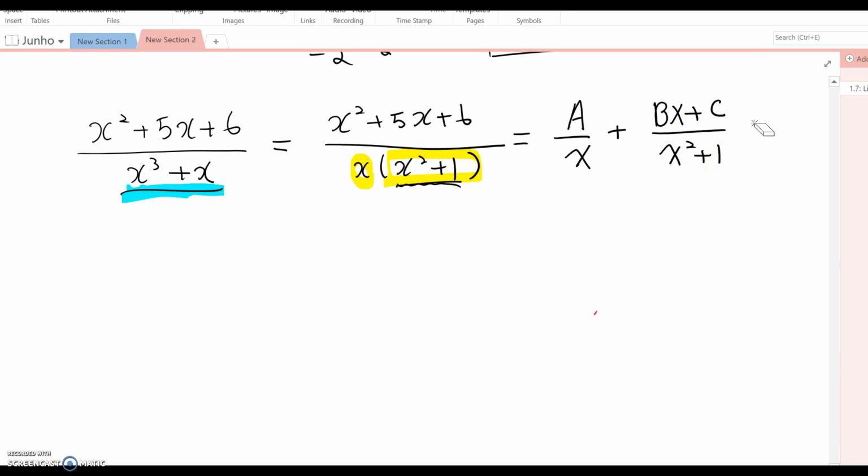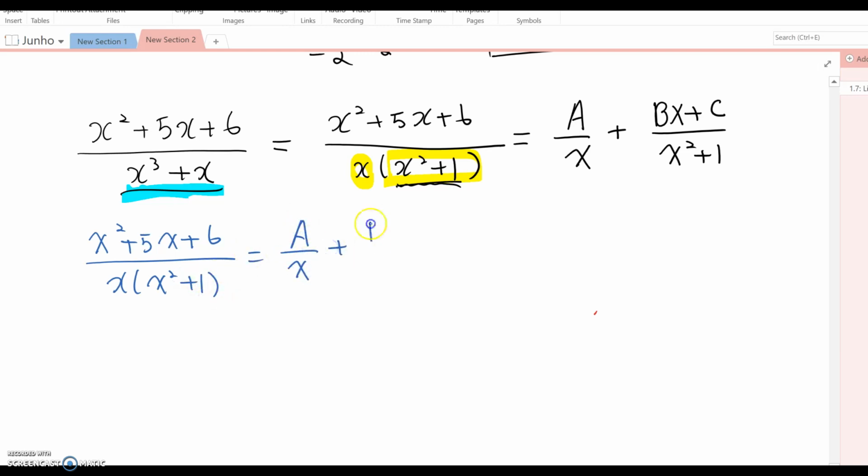Now I want to set up x squared plus 5x plus 6 over x times (x squared plus 1) equal to A over x plus (Bx plus C) over (x squared plus 1), and we need to find the LCD. The LCD becomes x times (x squared plus 1).